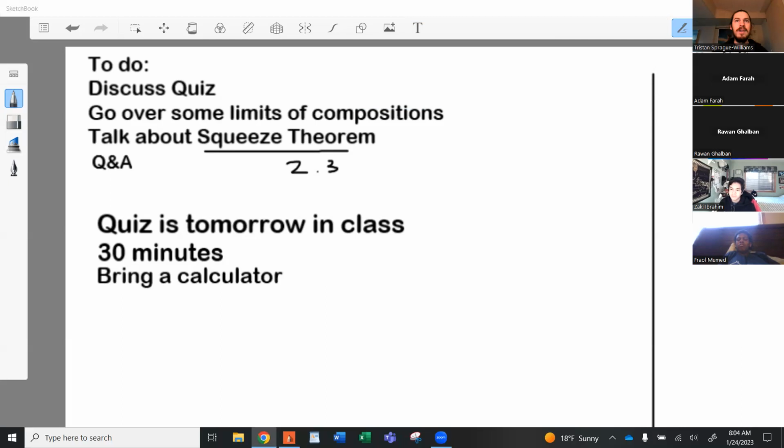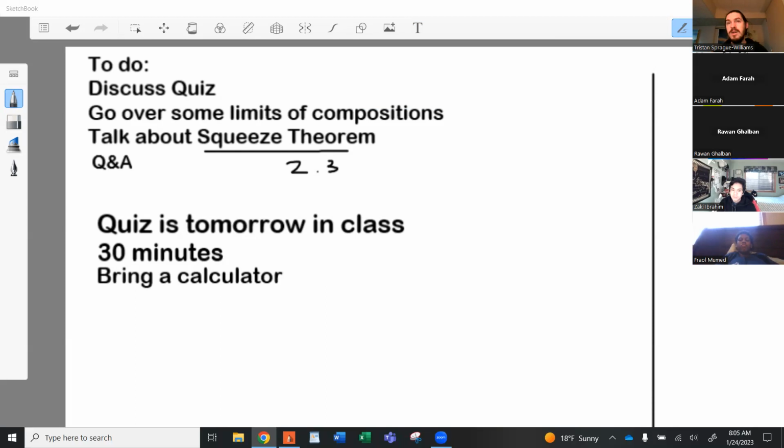But try to bring a calculator just in case. If you don't have a calculator, don't go buy one. I have some calculators that I can lend out, and you're really only going to need it for one of the problems, so we can share, or you can come up and use the computer at the front of the room.